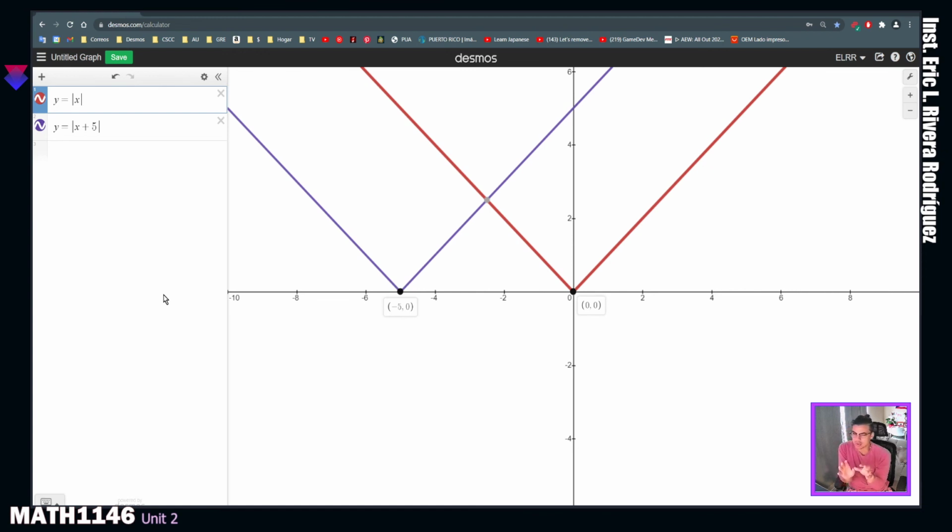We do not focus on the final evaluation of the function. We just focus very specifically: oh, we have a plus 5 in the input group. Well, that's a transformation that moves the graph 5 units to the left. Okay, so it is moving to the left.